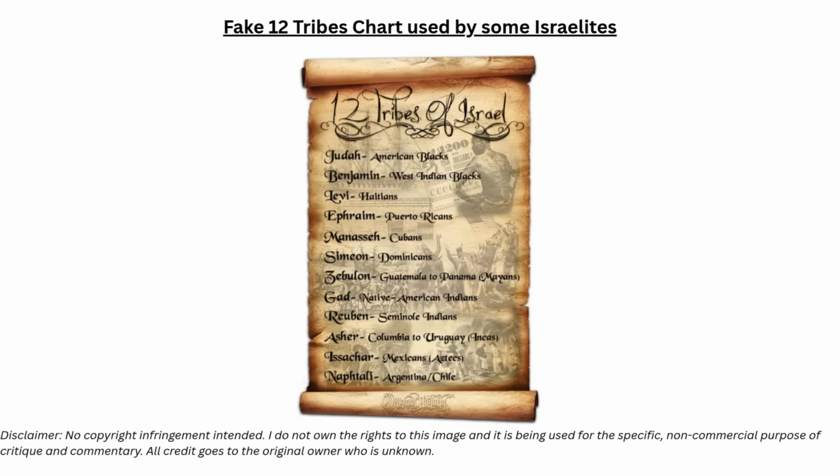And in fact, I'll show in a minute that most of these various groups are predominantly comprised of Europeans. Argentina, Chile, Puerto Ricans, Cubans, Dominicans. None of these are homogeneous groups of people. Most of them are just nationalities.